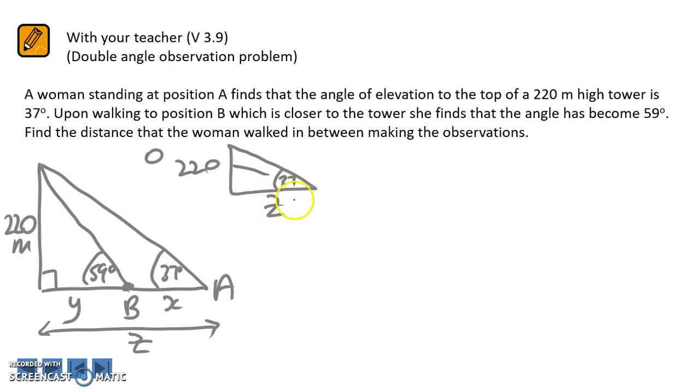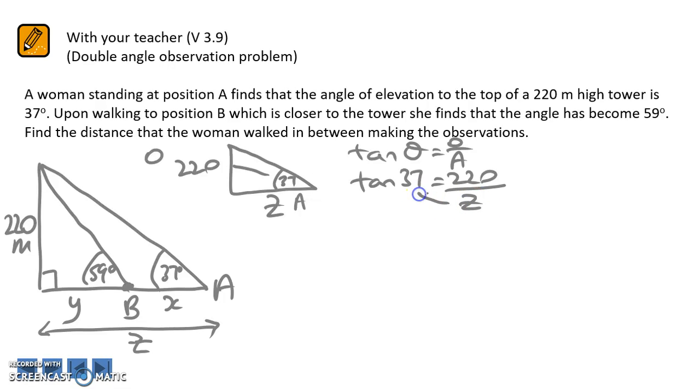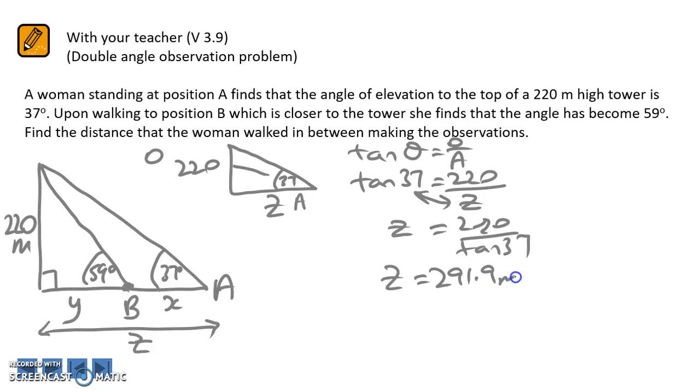So opposite and adjacent. So we're going to use tan. So tan of 37 equals 220 over z. Doing our little trick where we swap those. Z is equal to 220 divided by tan 37. And so the distance for Z equals 291.9 metres. So we know this distance here now.